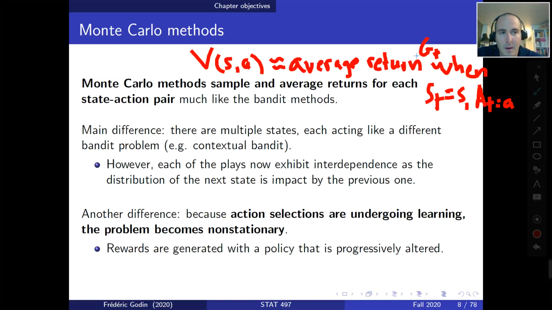So you can draw parallels of what we're doing here with the multi-armed bandit problem we considered in chapter 2. In chapter 2, for many algorithms, we estimated the expected reward of a given arm by averaging all the rewards we had from that arm. And then we discussed at the end a generalization where you have different states.